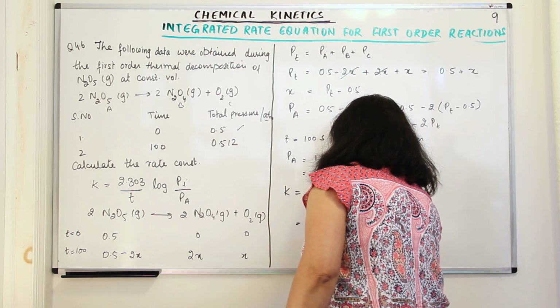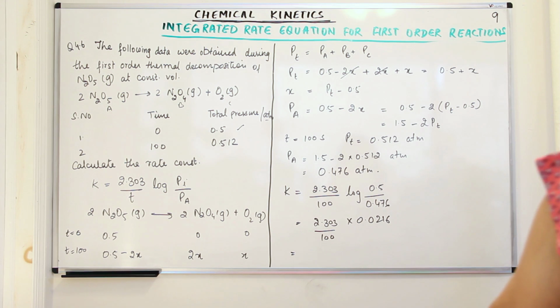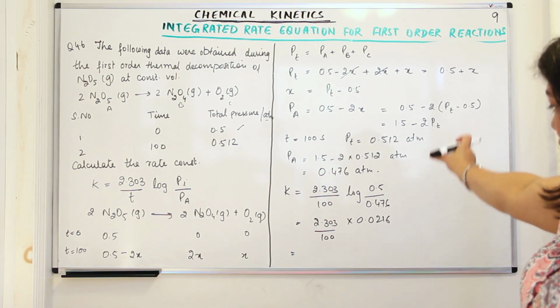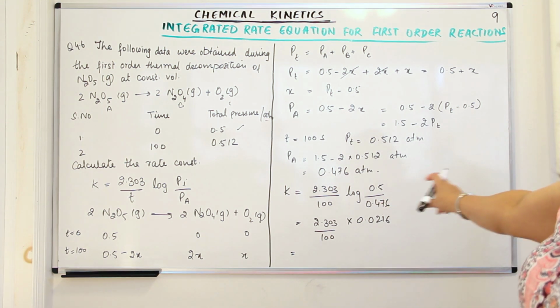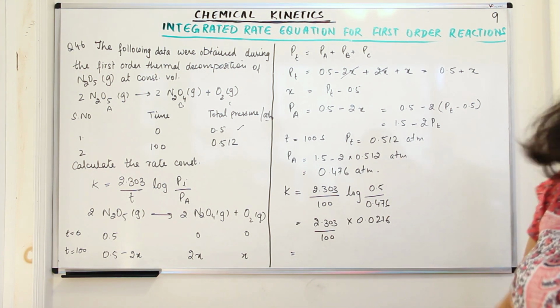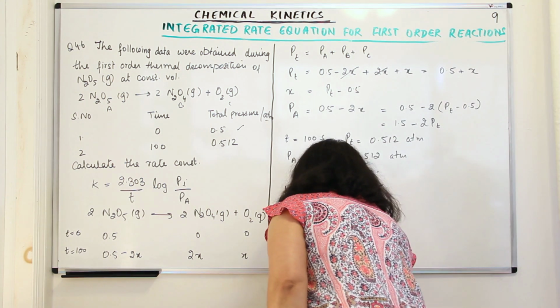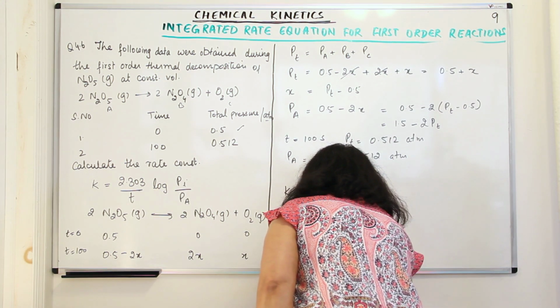Just one more step that I am writing down as it is given in the book. Although when you solve it, of course, you would first find out the log of this. You'll solve this, then find out the log of that value, which is this much, and then multiply it. And the answer that you get is 4.98 into 10 to the power minus 4.